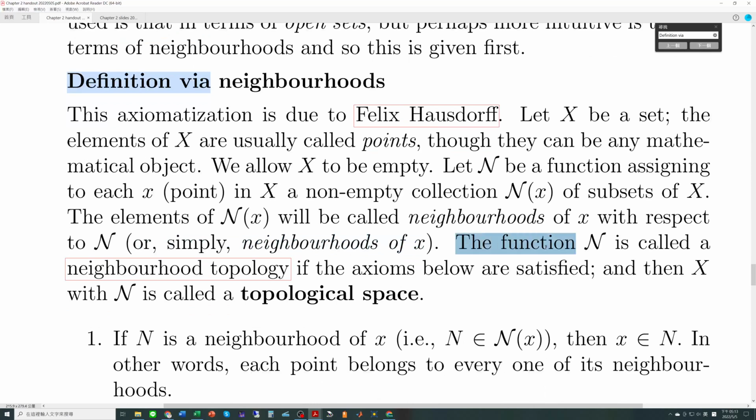The function n is called a neighborhood topology. We will explain what is the neighborhood topology later. If the axioms below are satisfied, then X with n is called a topological space.